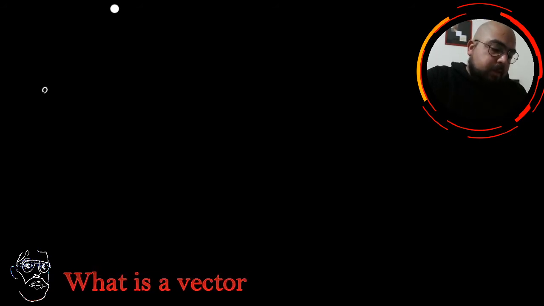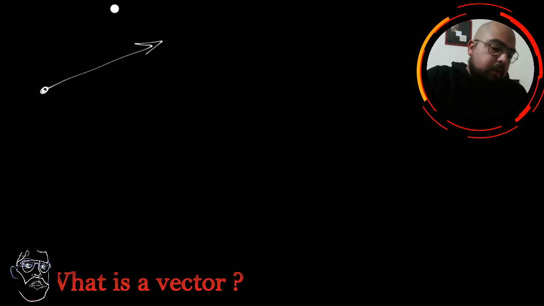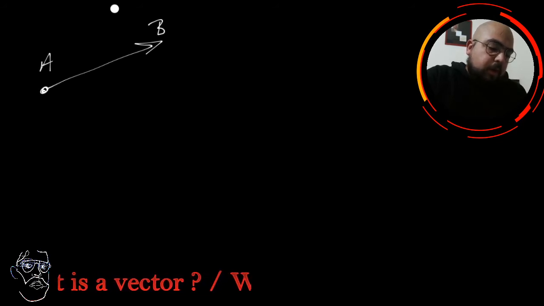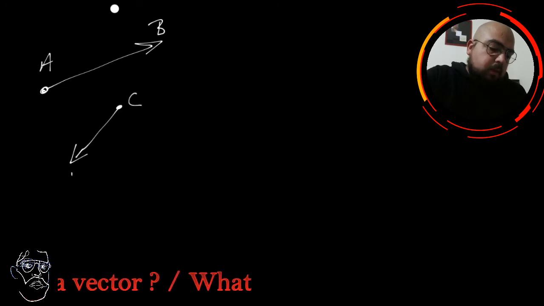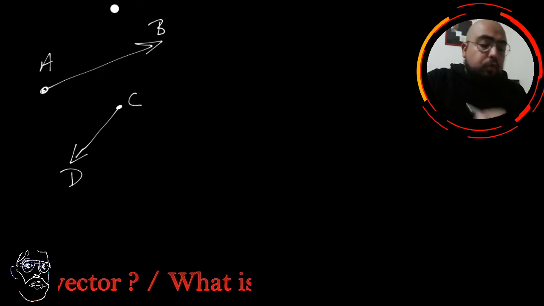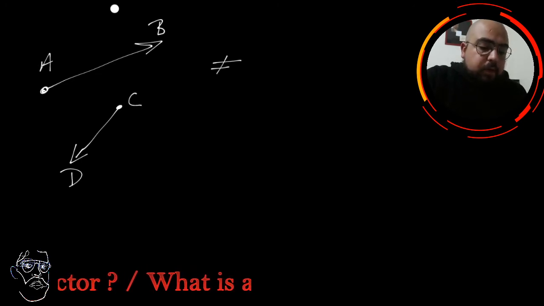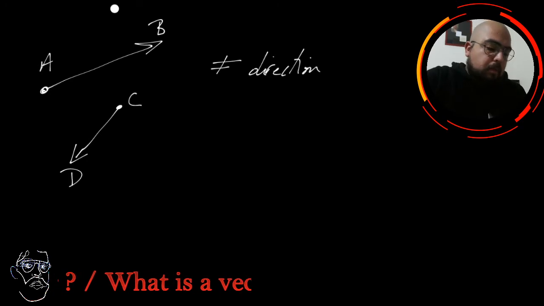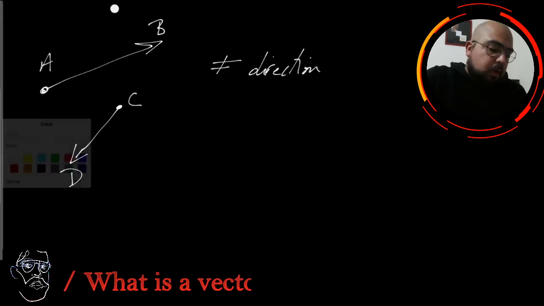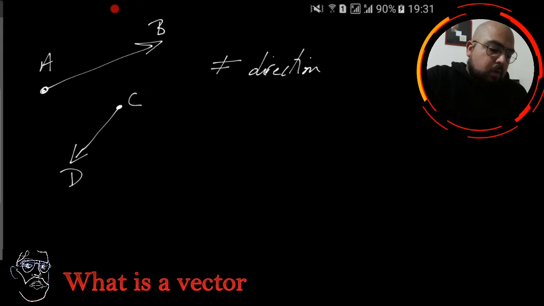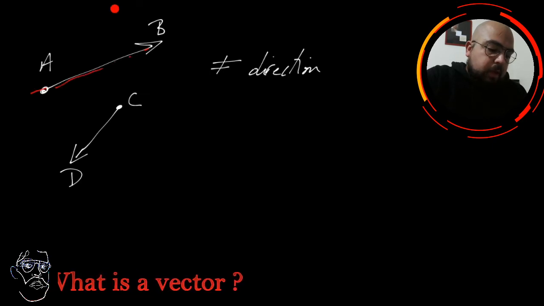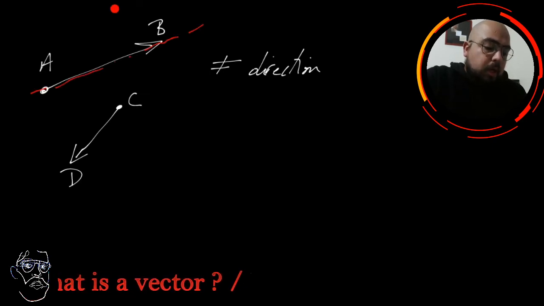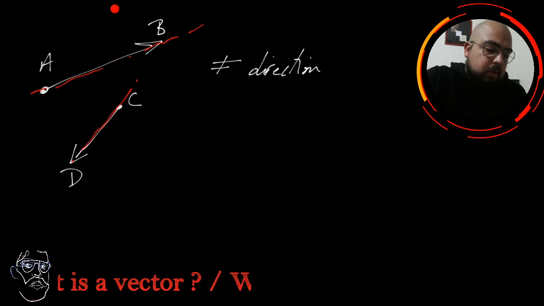So about the positions of two vectors, I'm going to take the first one. This is the vector AB, and this is my vector CD. Now these two vectors have different direction. Why? Because they are both on two different lines. Example, this is the line on which AB lies, and this is the line on which DC lies.